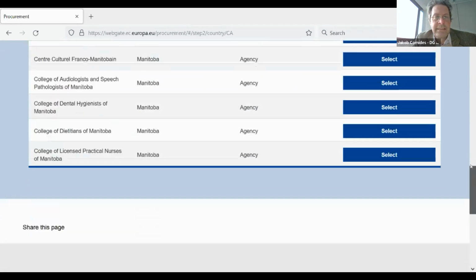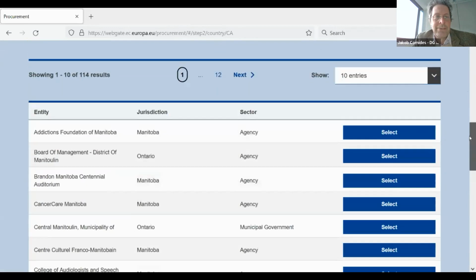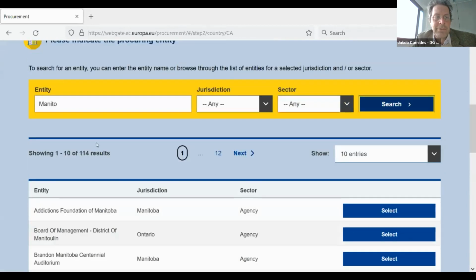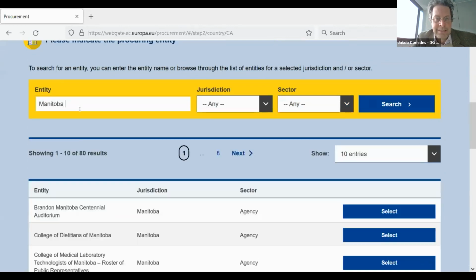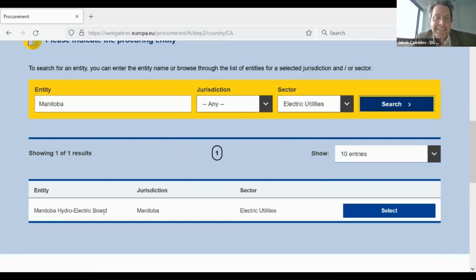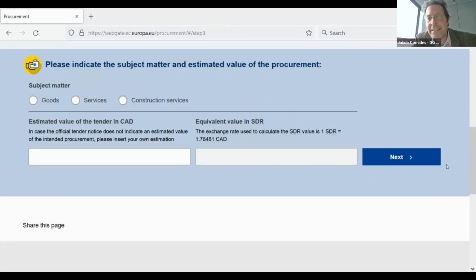Here again, I have got 114 entities, so I narrow it down by electric utilities to find it again. Here it is, the Manitoba Hydroelectric Board, and so I have identified my procuring entity.